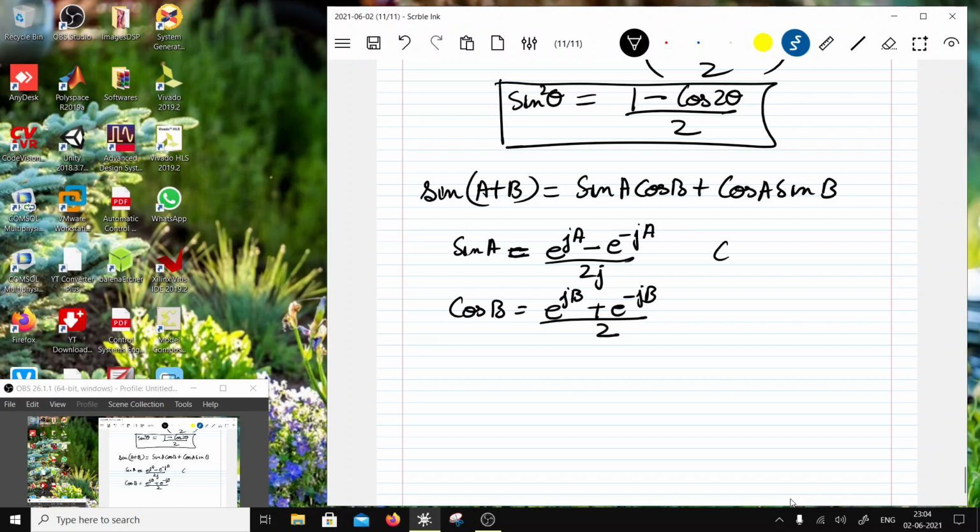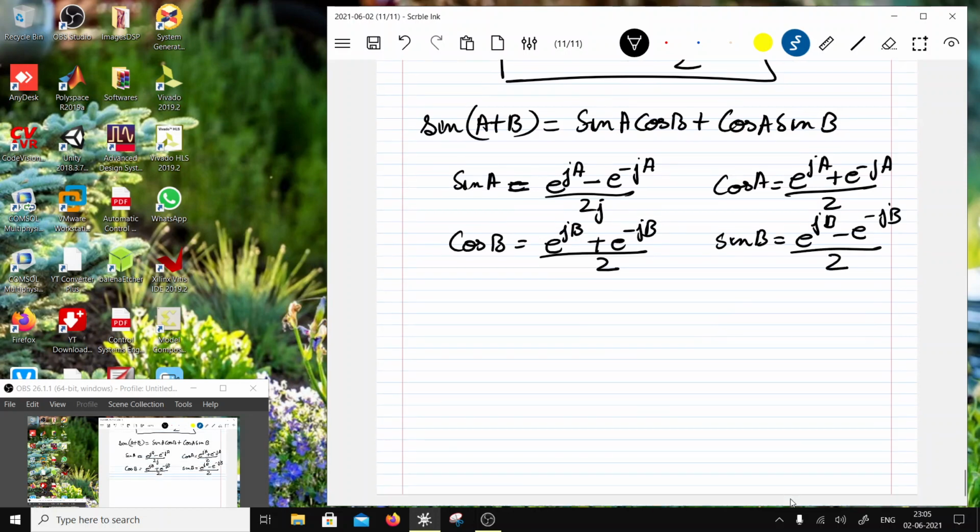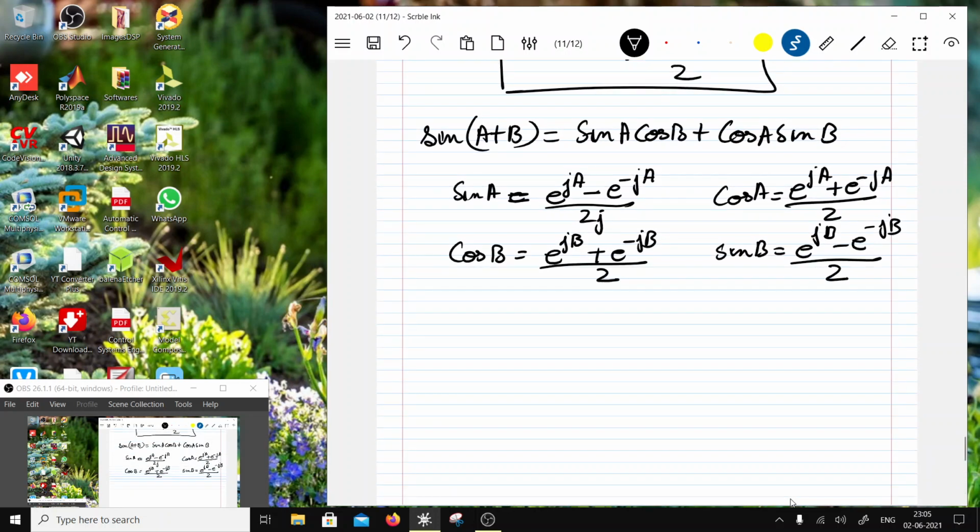Then cos of a is equal to e raised to ja plus e raised to minus ja by 2, and sine of b is equal to e raised to jb minus e raised to minus jb by 2. Okay, so let's do the multiplication and add it.